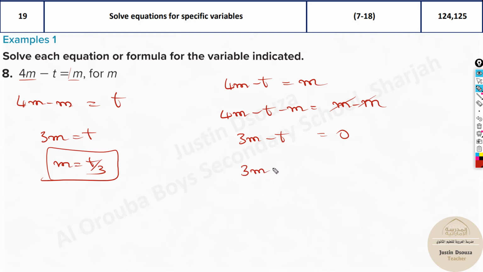That is 3M minus T plus T equals plus T, because 0 plus T is T. This cancels, you are getting 3M equals positive T. Now divide both the sides by 3. This cancels, M equals T by 3. These are all the detailed steps.